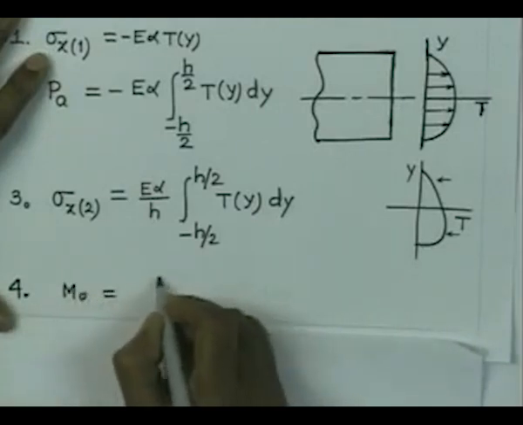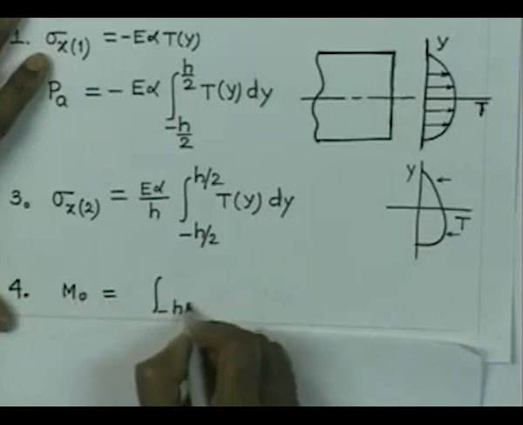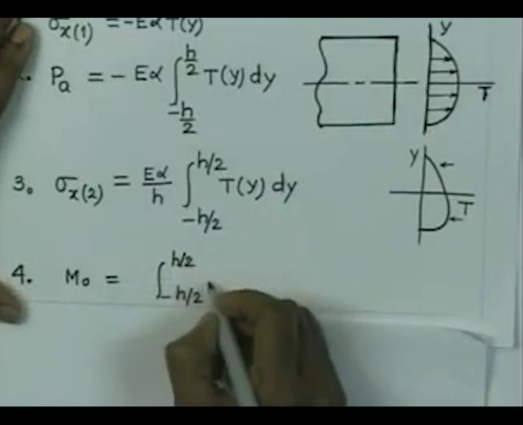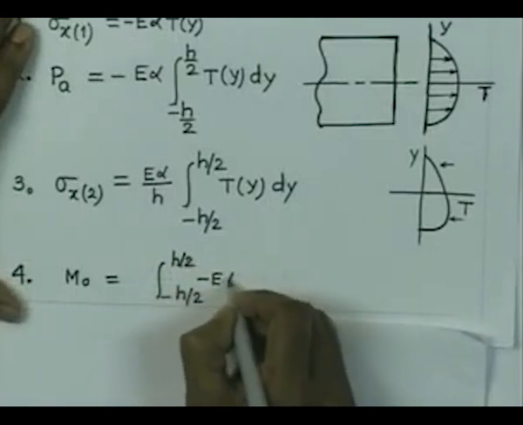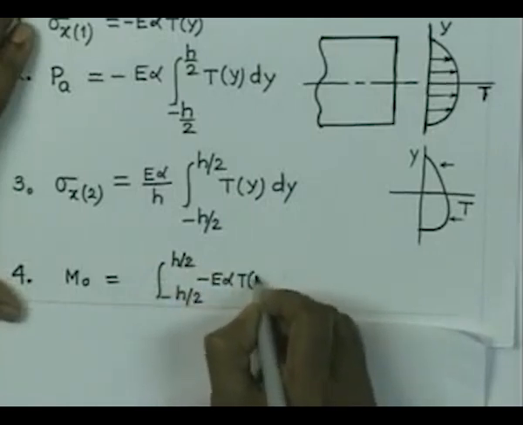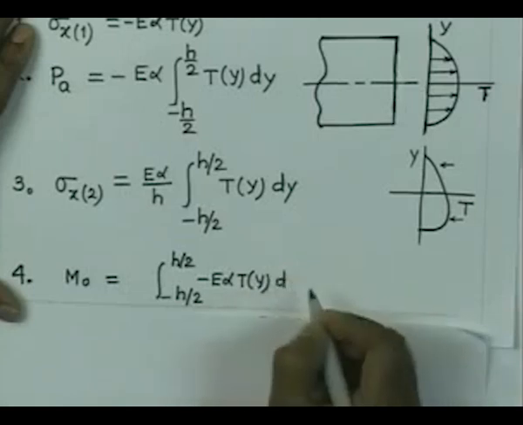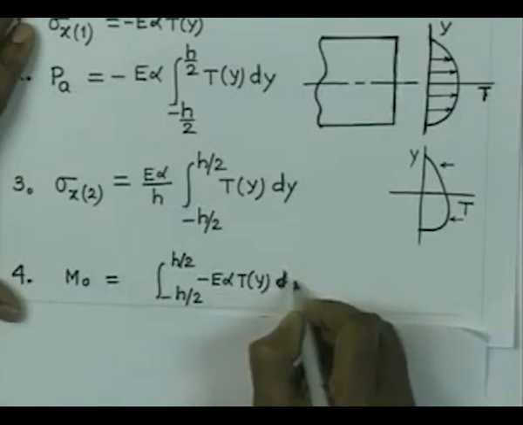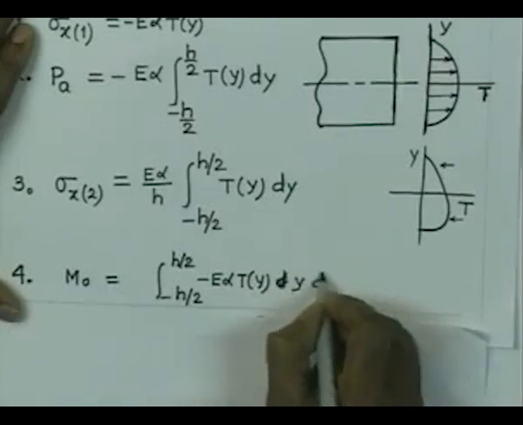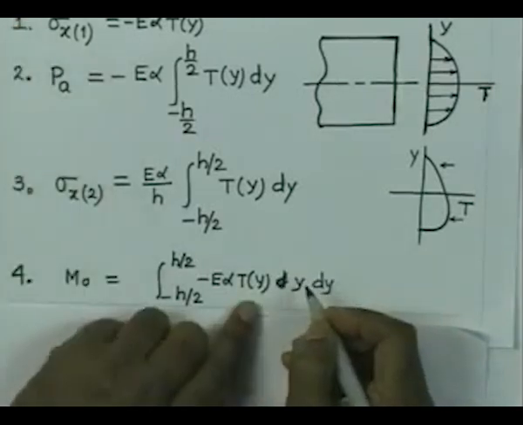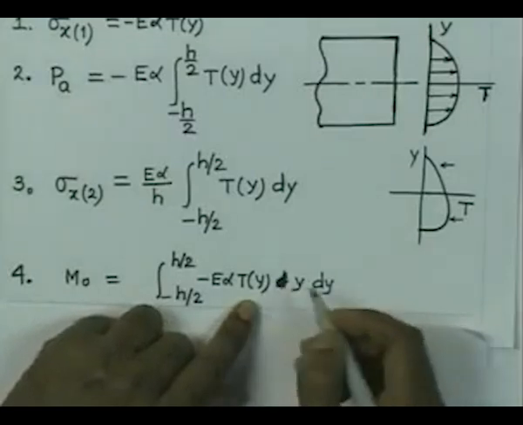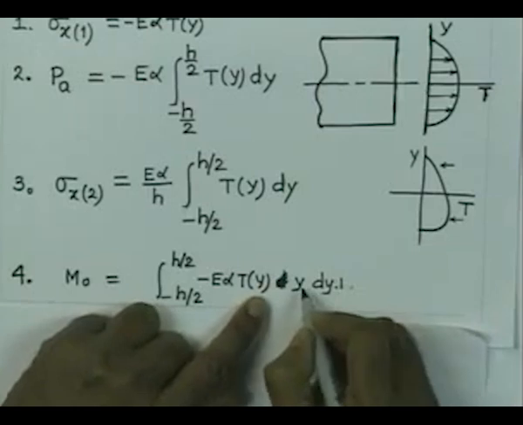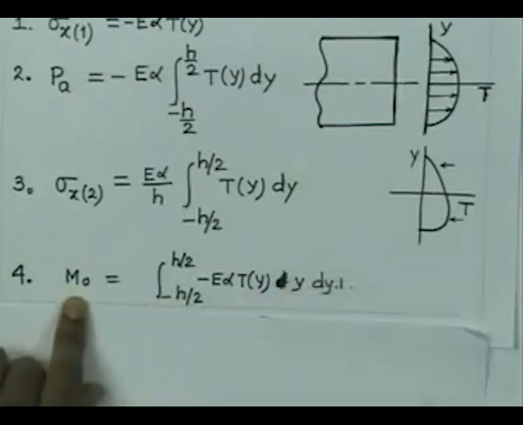So, that moment is, so, we have this stress and it is acting on an area of dy into 1, and it is at a distance of y. So, therefore, that is the moment produced.